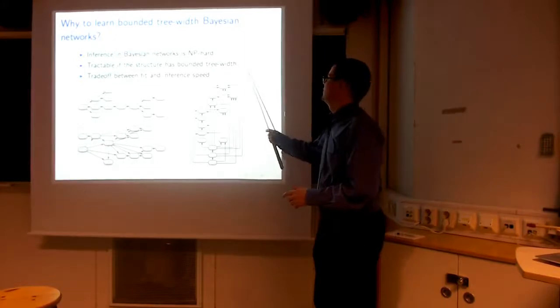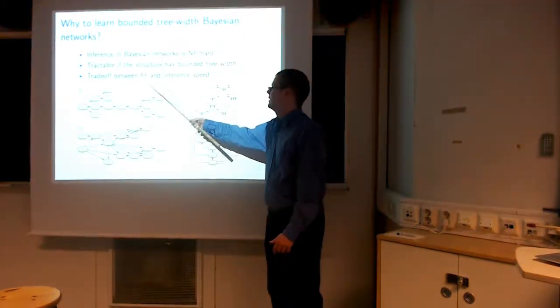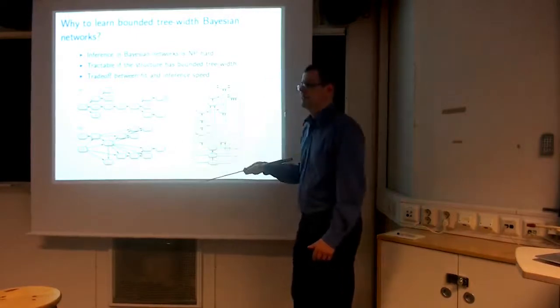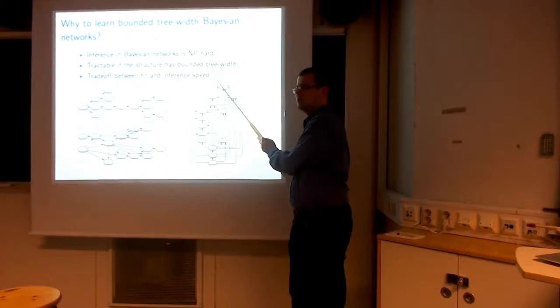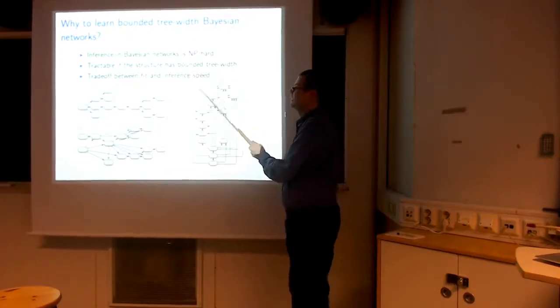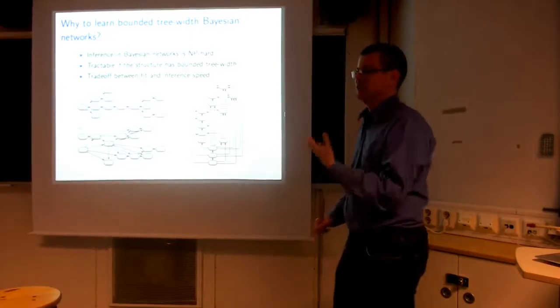Yeah. So of course, if you restrict it too much, then there's a trade-off with the fit. The only time when you would want to use this is if you want to be able to do inference fast. That's the only motivation.